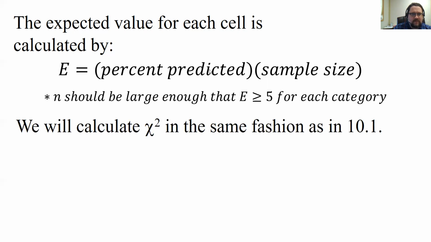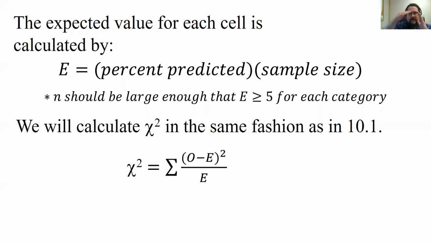We will calculate chi-squared in the same fashion as in 10.1, using the formula. We take the observed value minus the expected for each cell, each category, square that, divide it by the expected value, and then add all those up, and that gives us our chi-squared value.